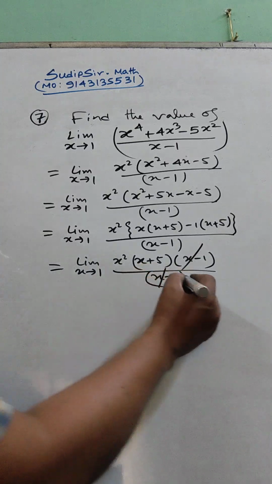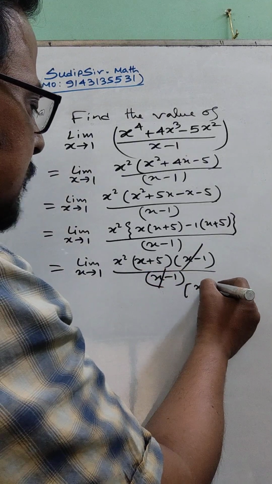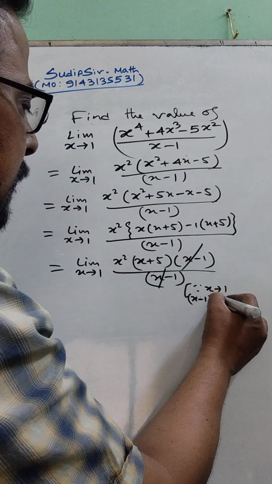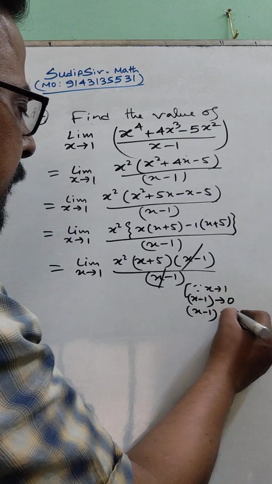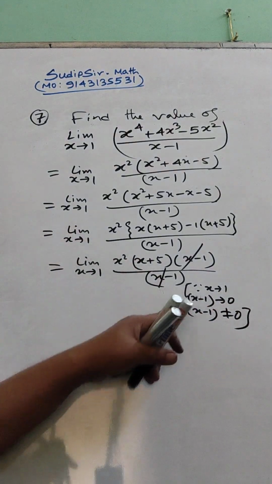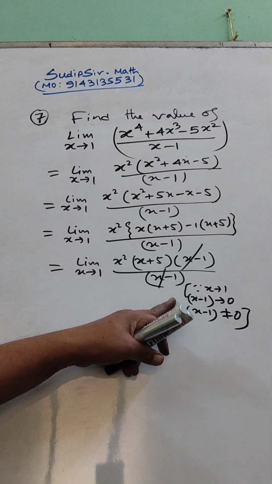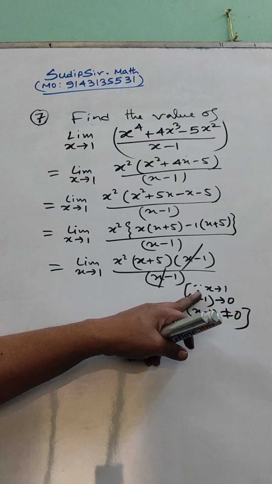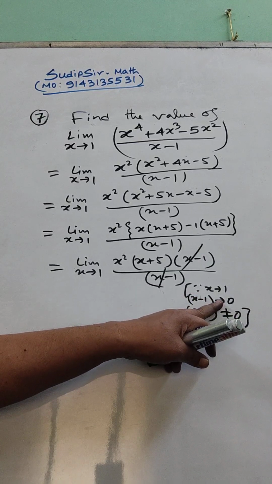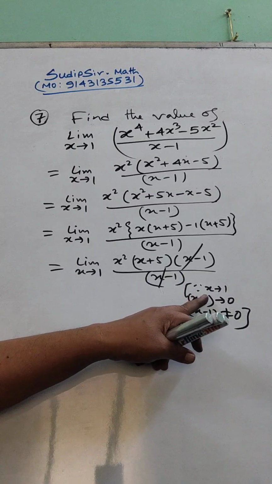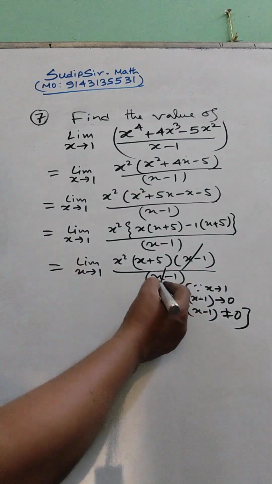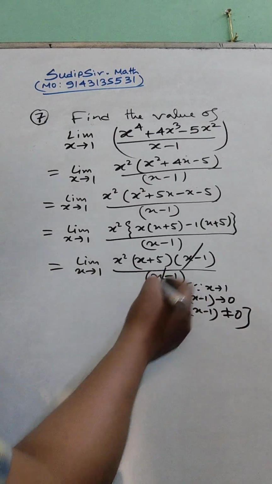If you cancel this factor, give a note: since x tends to 1, x minus 1 tends to 0 but x minus 1 is not equal to 0. That's why we can cancel x minus 1.